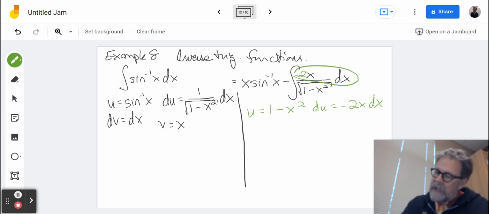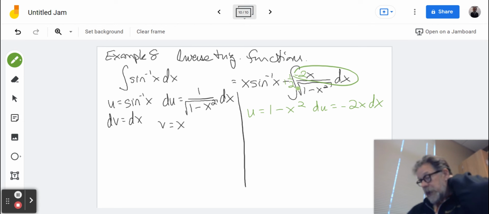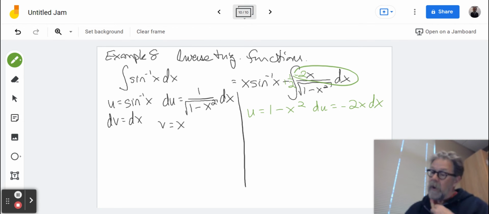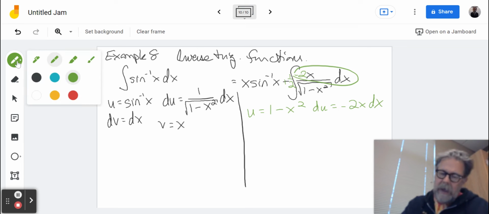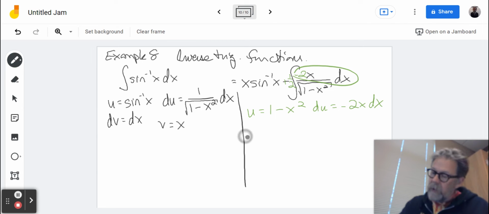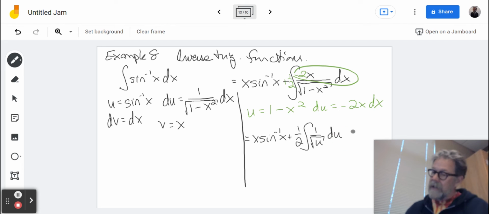And to balance that out, I'm going to put a plus 1/2. Well, I'm going to change that to a plus and put a 1/2 out front. And what I now have is that this is equal to x arcsine of x plus 1/2 the integral of 1 over the square root of u du.